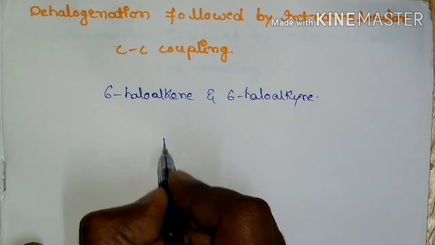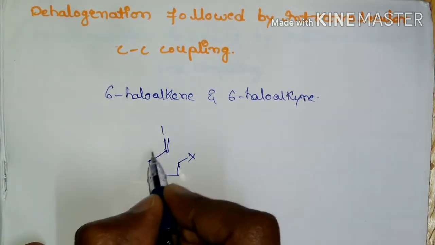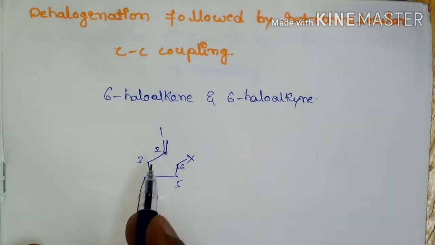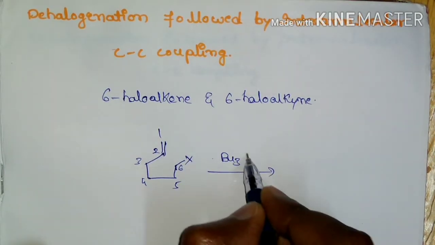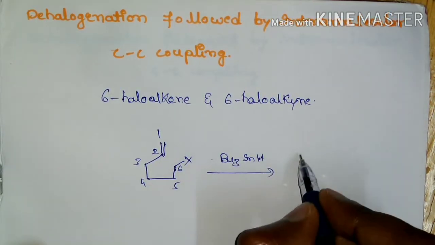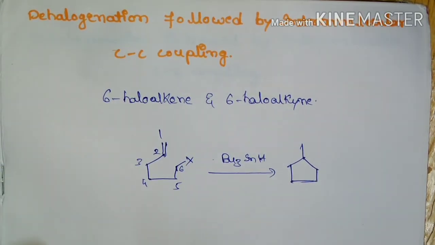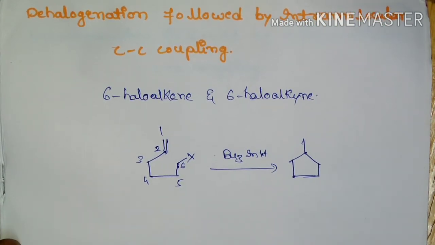That is, if we take 1, 2, 3, 4, 5, 6, a 6-halo alkene, and treat it with tributyl tin hydride, then what we are going to get is a kinetically controlled 5-membered ring.